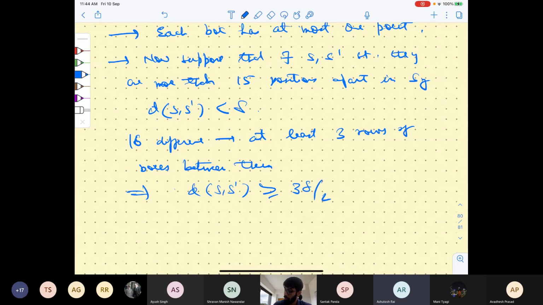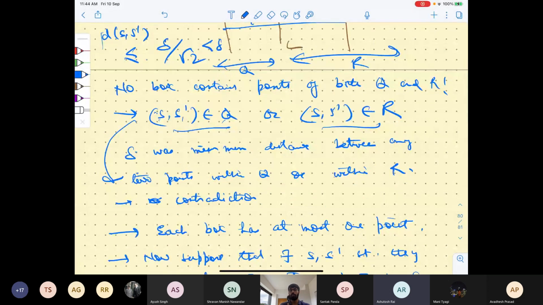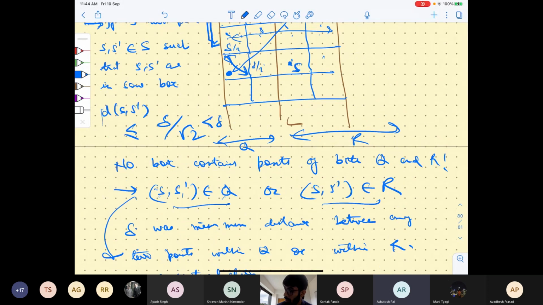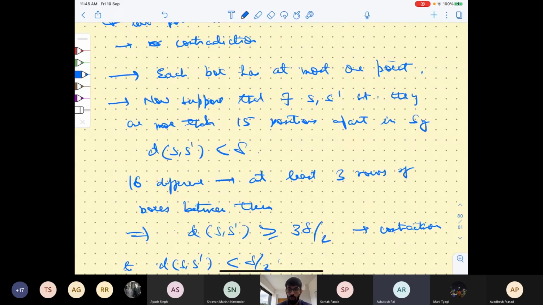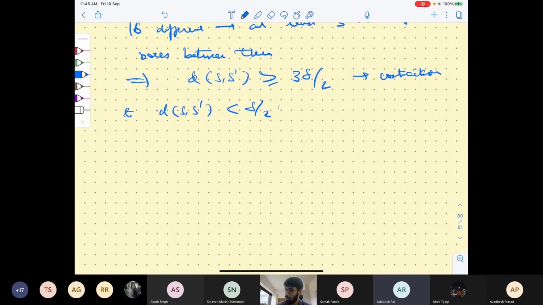Which is a contradiction, because we had assumed that D of S comma S prime is less than delta. And this finishes the proof of the lemma. So this shows that if there exist such points, then we can find them within 15 steps. As I said, this is what we are going to exploit for the algorithm.